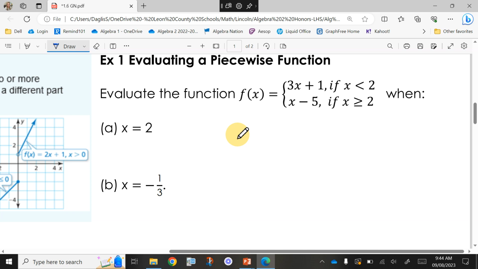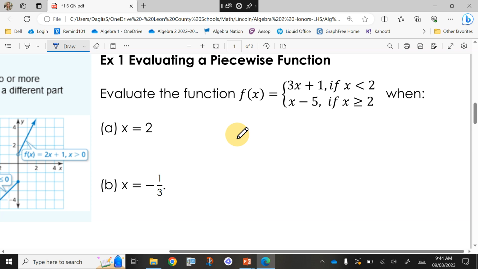Okay, so part A, x equals 2. Which function are we going to use, Dion? Am I going to use 3x plus 1 or am I going to use x minus 5? And how do you know that? Why did you pick that one? Faith, help them out. Because x is equal to 2. There we go.